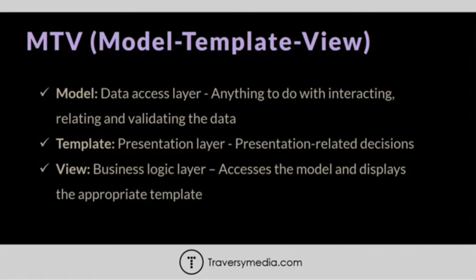It can access the model directly and displays the appropriate template. So the view works kind of like a view controller, and that's basically a bridge between the models and templates. A lot of what a traditional controller would do in MVC is actually handled in the view. So that's the biggest difference between how Django works and traditional MVC, like, let's say, Ruby on Rails.